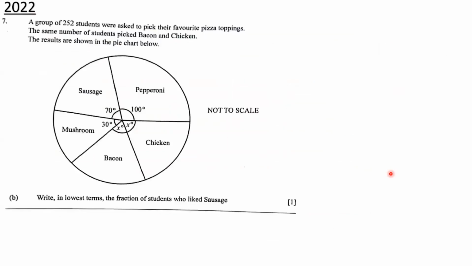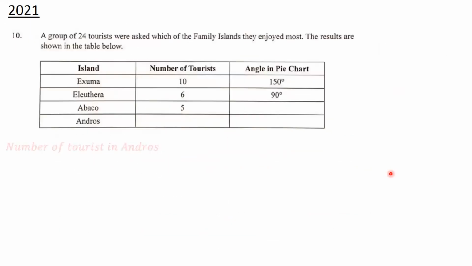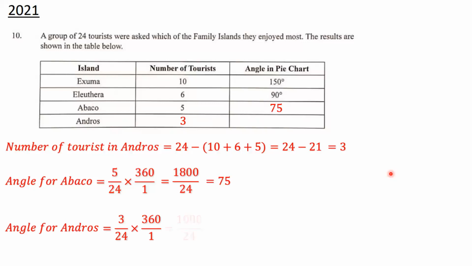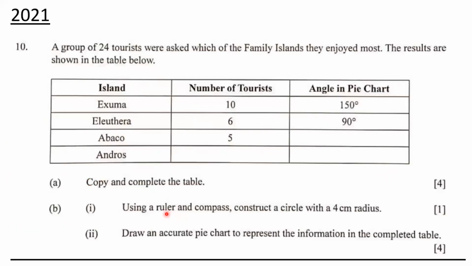And so all we need to do is construct a circle that has a 4 centimeter radius, and draw an accurate pie chart to represent the information we have in the completed table.